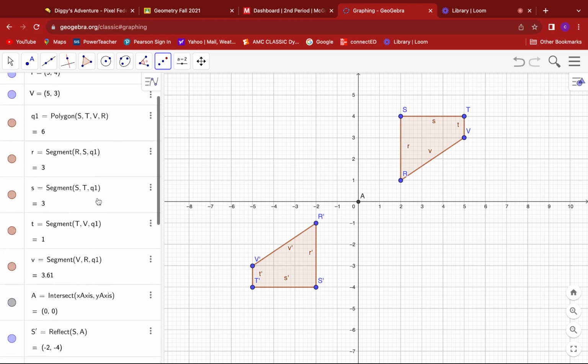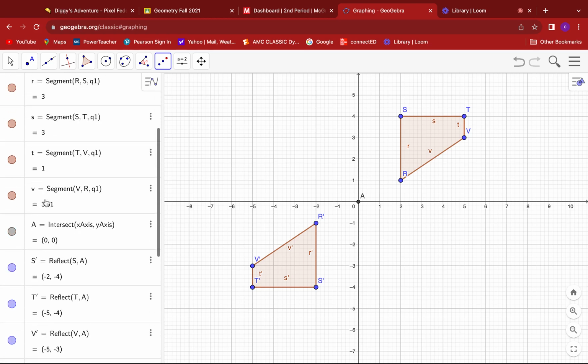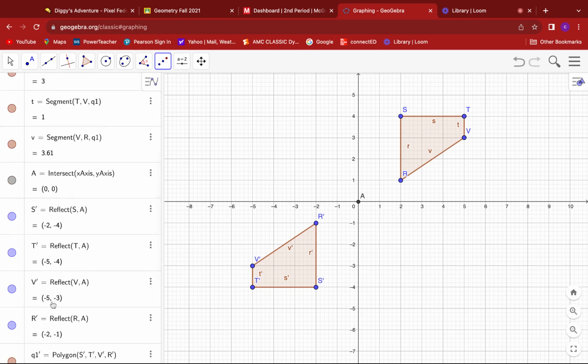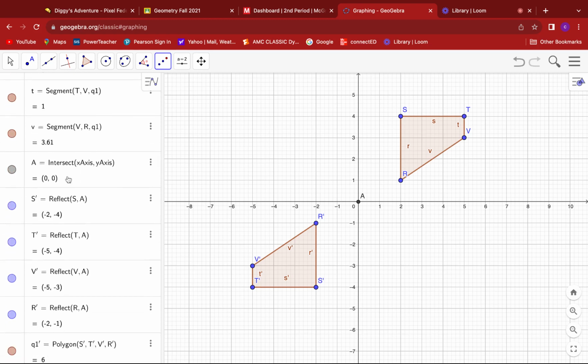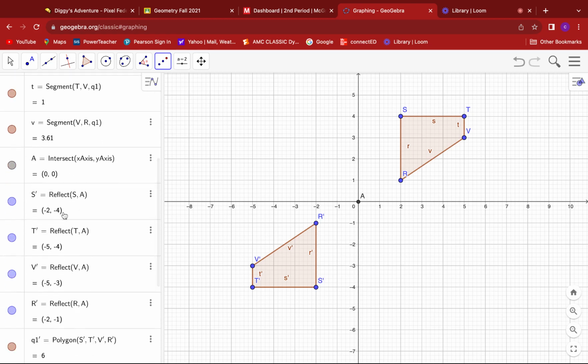And if you're a visual person, I'll show you guys that. Our original R was 2, 1. Our new R, negative 2, negative 1. So they both changed. Our original S is 2, 4. Our S prime, negative 2, negative 4. So again, they both change when the figure is reflected or flipped across the origin.